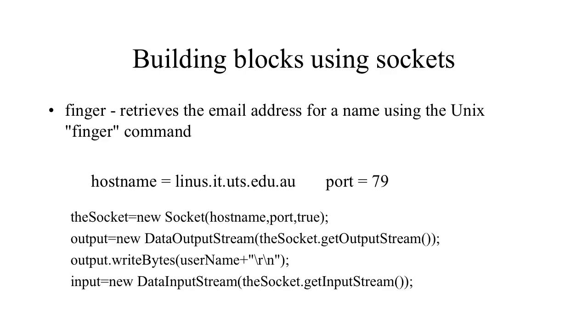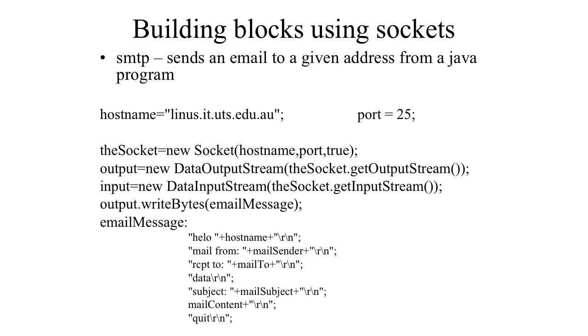Here's an example where you can use raw sockets to output some simple data. In this case, we're writing out a username, and the username and the host name are going to become embedded in our code. So here we go. We're using the Hello protocol, SMTP protocol on port 25.